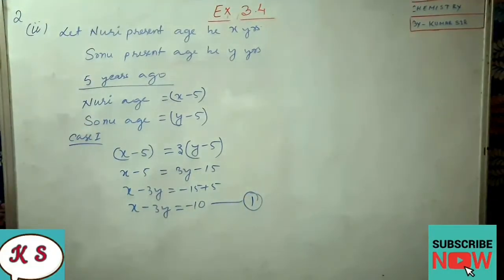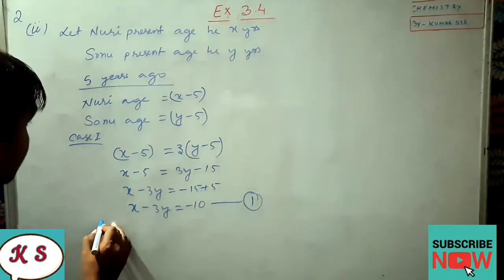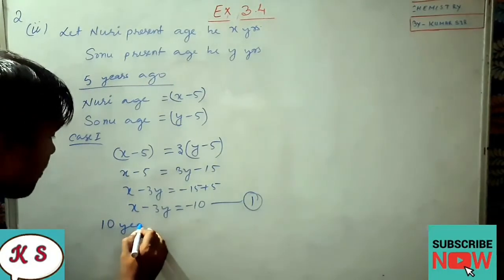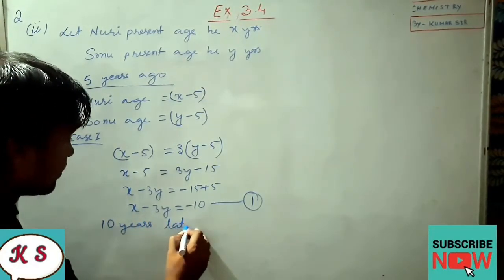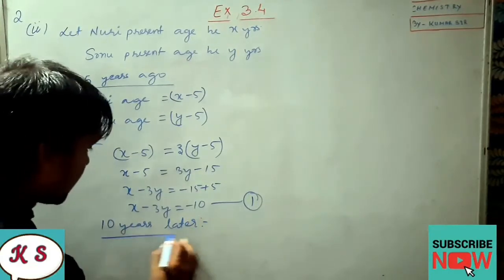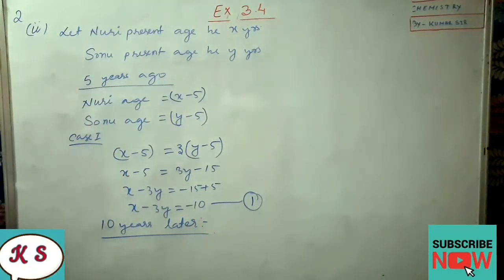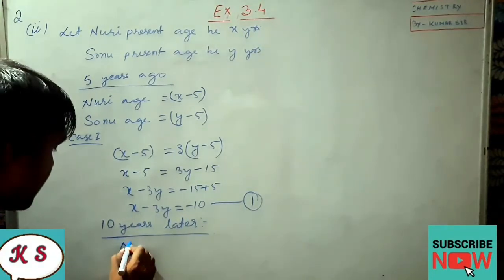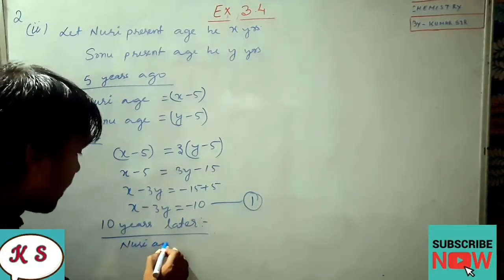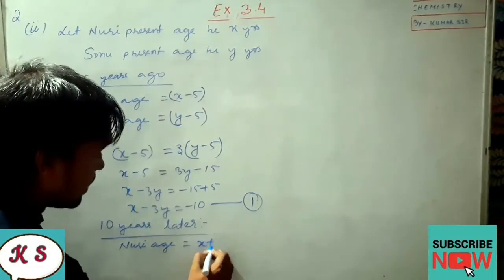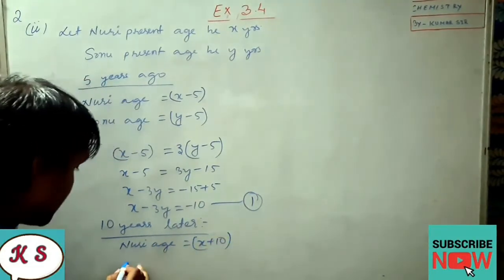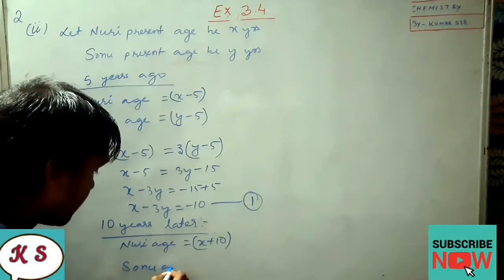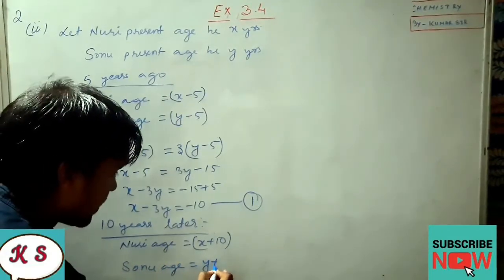Now in the second condition, what they're saying, 10 years later means after 10 years. So we'll write here 10 years later. So 10 years later Nuri's age equals X plus 10, and Sonu's age equals Y plus 10.